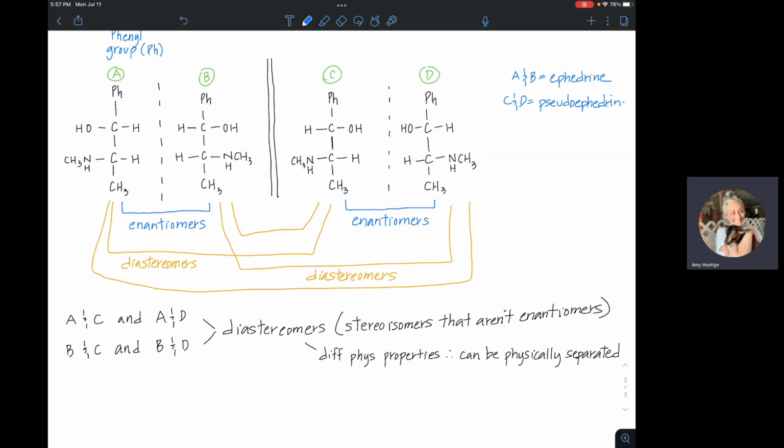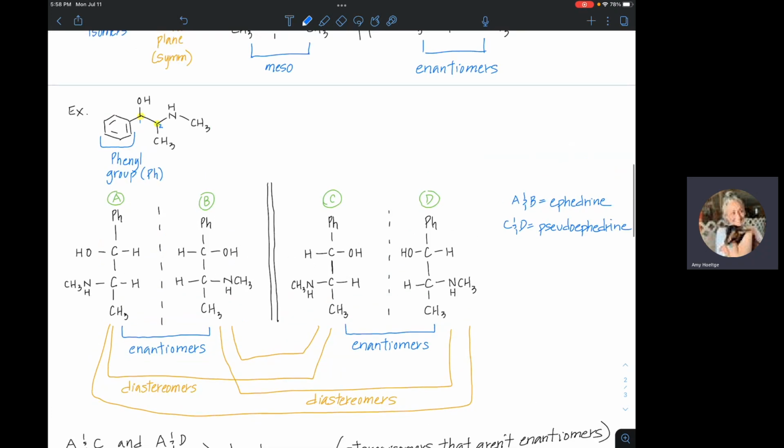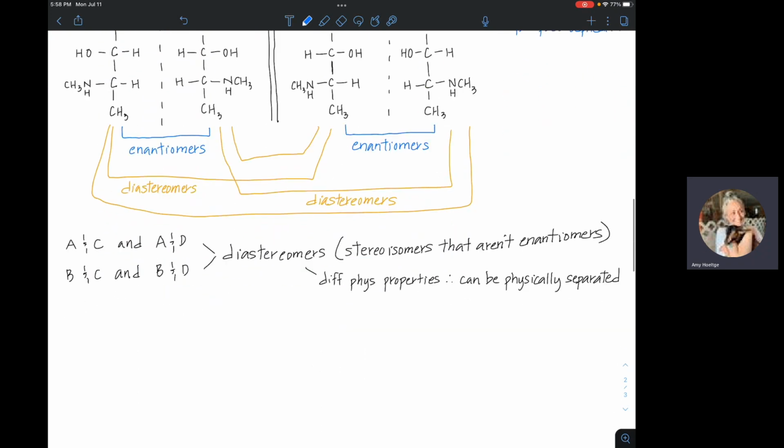Not too many people care about separating all of these because all of these molecules are biologically active. Ephedrine is a little bit more biologically active than pseudoephedrine. If it sounds familiar, pseudoephedrine was the molecule in the sinus medication Sudafed. They took it off the market because this pseudoephedrine was very easily converted into methamphetamine. So blow off the hydroxyl group and you have methamphetamine. I mean, blow off the hydroxyl group in the lab, but not just blow on it and it goes away.